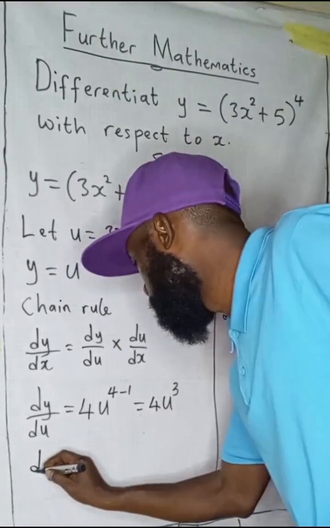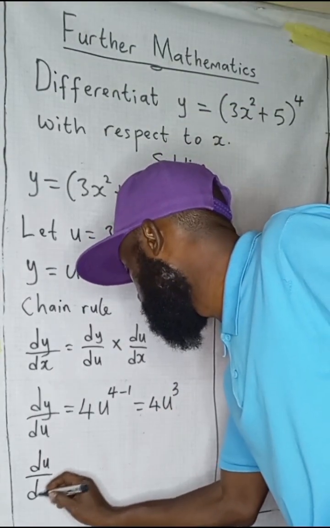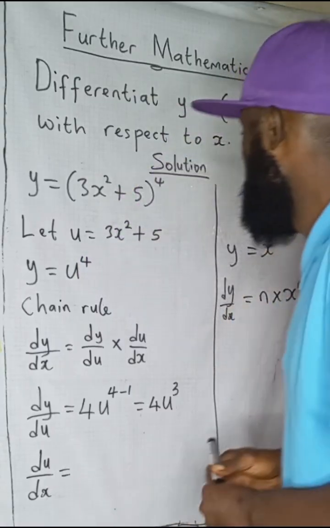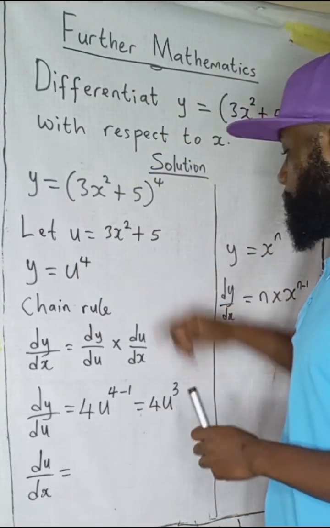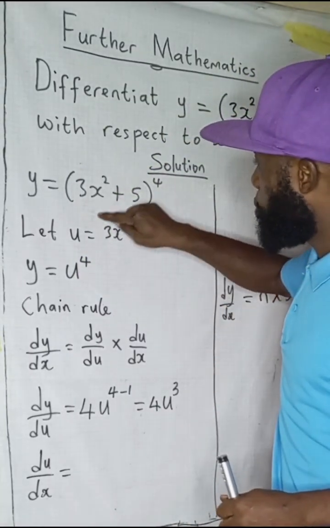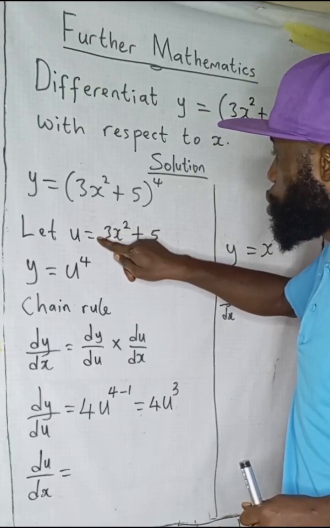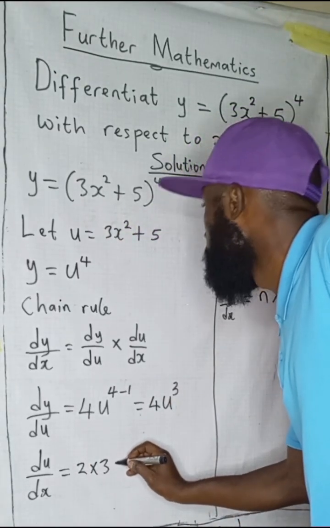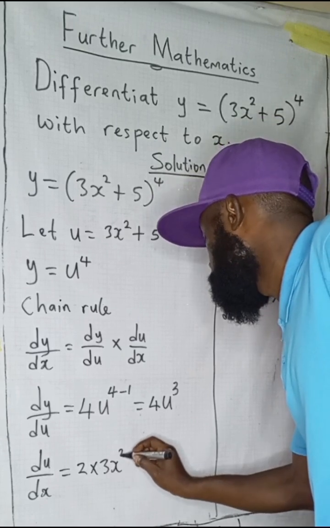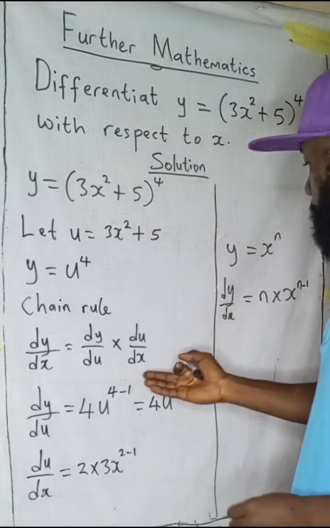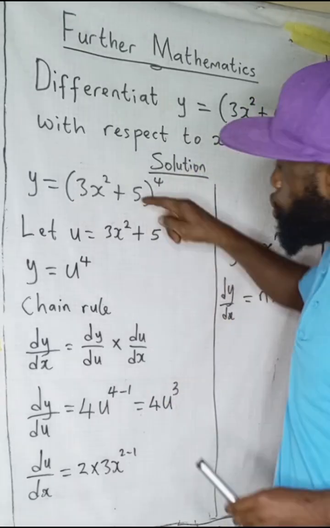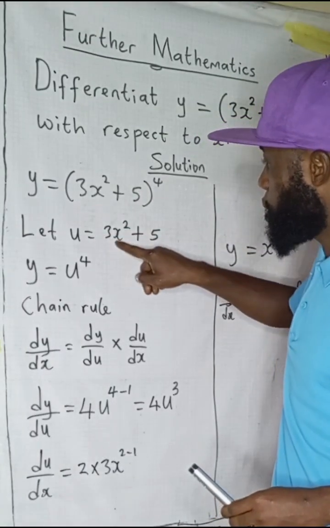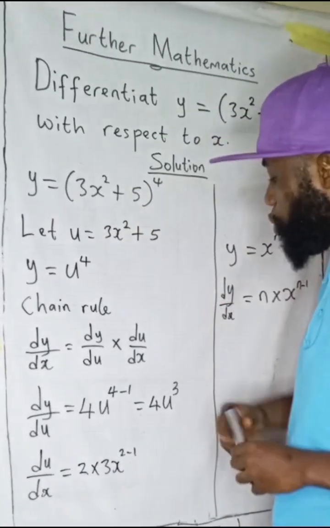Let's find du/dx. From here we can find du/dx. The 2 will come down to multiply, so we'll have 2 times 3x to the power 2 minus 1. The same thing we did here: the 2 will come down, multiply 3x, then the x will have power of 2 minus 1.